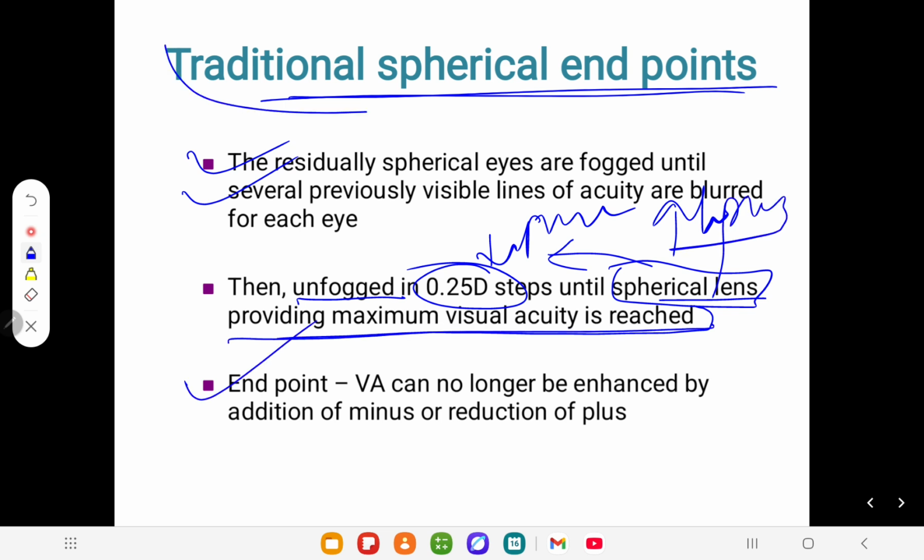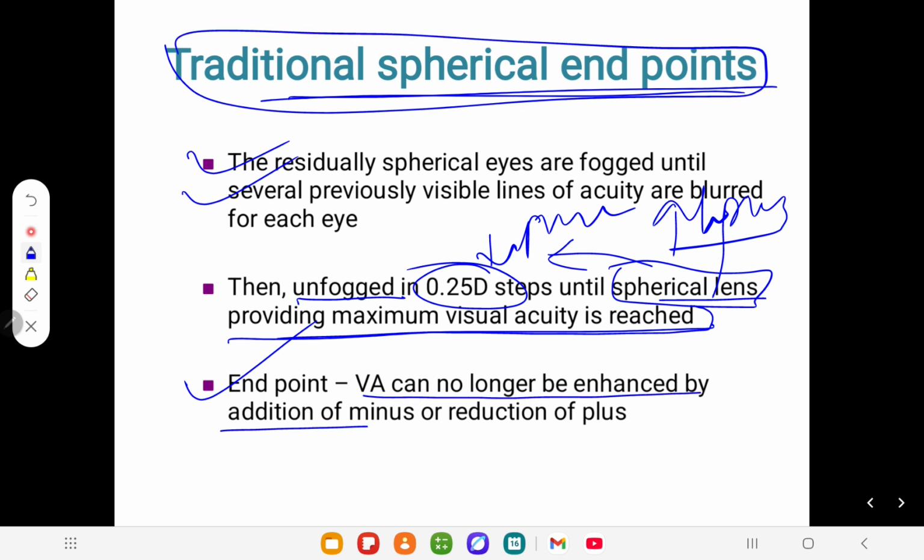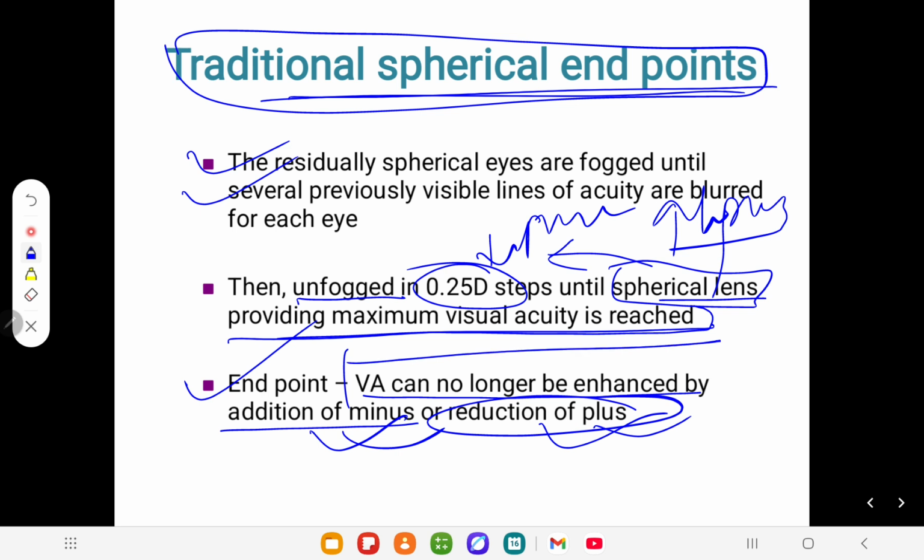The endpoint in the traditional spherical endpoint is that visual acuity can no longer be enhanced by adding minus or reducing plus, which basically means adding minus, isn't it? Reducing plus means adding minus. But what is the endpoint? The endpoint is the visual acuity. So we reduce plus, which definitely means adding minus in 0.25 steps, and the endpoint is when visual acuity is no longer enhanced or remains constant. Becoming blurred is quite difficult to see, because when adding minus we tend to accommodate more and make sure visual acuity is clear.